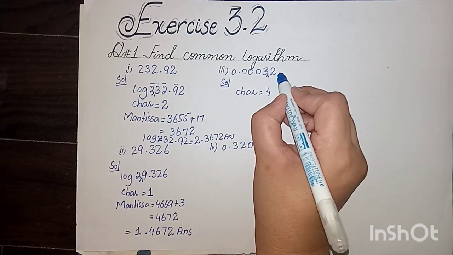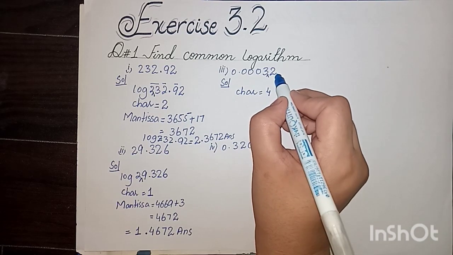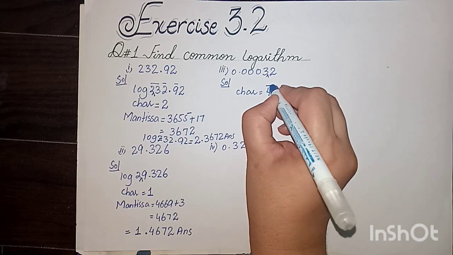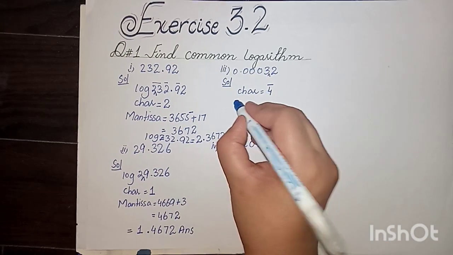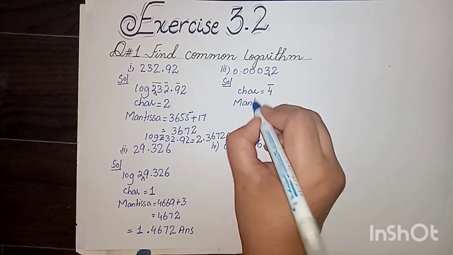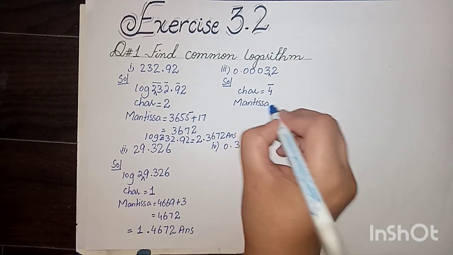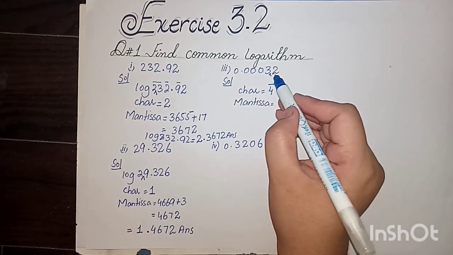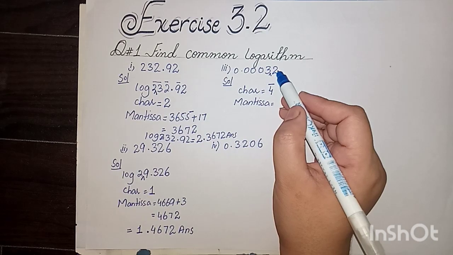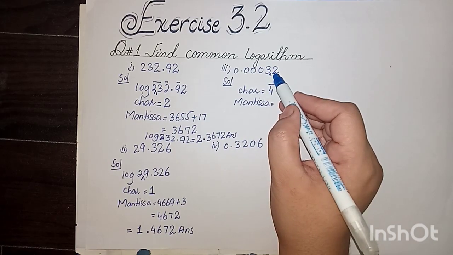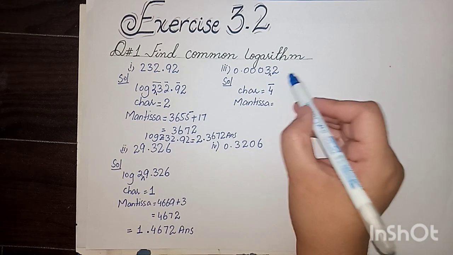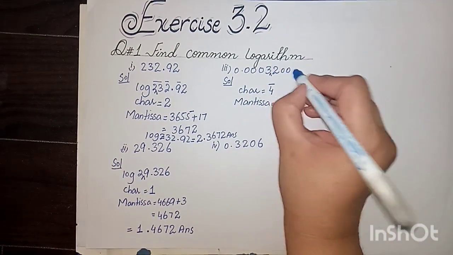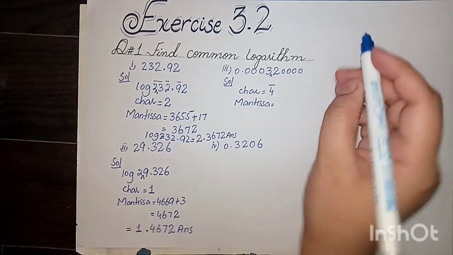This whole number is less than 1, so for a number less than 1 we will write a negative sign with the characteristic. Now we will find the mantissa. For the mantissa this is only 32, and we also know that at the end of the decimal point there are a lot of zeros, but we cannot write them.